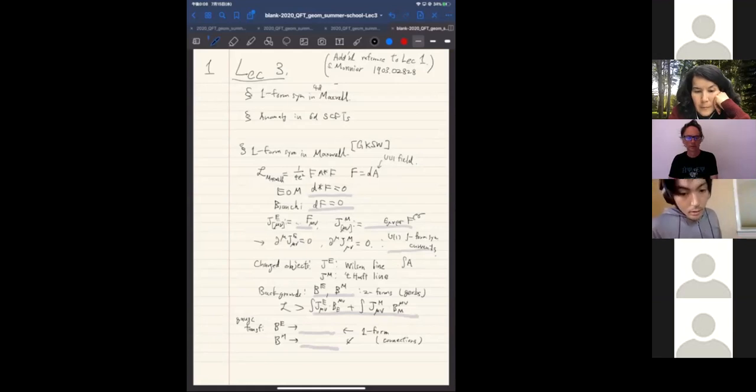For the usual zero-form symmetry, the current operator has a single index, and the corresponding background also has a single index, and you contract them. Here you have two indices that anticommute, so you also prepare the background to have two anticommuting indices, which is a two-form, and you contract it with the current operator. That's the definition of the one-form symmetry background.